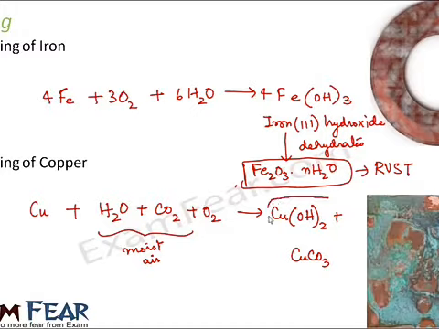So due to the formation of this copper hydroxide, we see this green color rust in case of copper. So this is how rusting happens. So copper undergoes rusting when exposed to moist air. Now you see all the metals, they react in presence of oxygen. So that's how it is when we talk about reaction with oxygen.